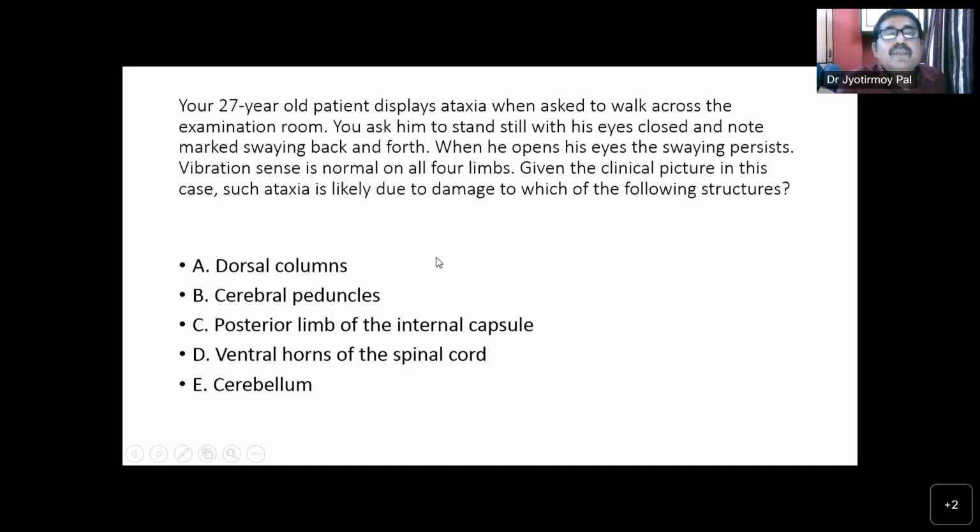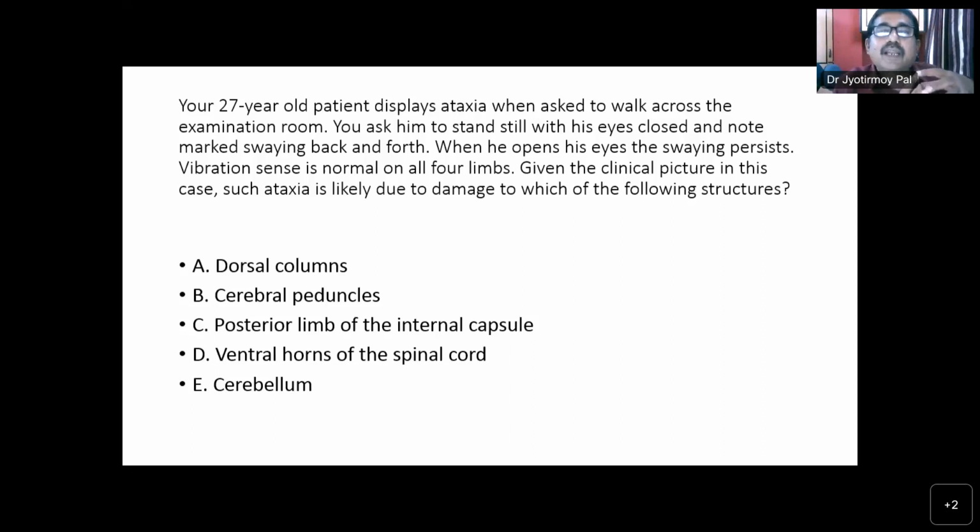In case of sensory ataxia, when your eyes are open, the swinging will decrease. But when eyes are closed, swinging will increase. But in cerebellar disorder, whether your eyes are open or closed, both ways there will be swinging, because the cerebellum receives input from one the eye, one the posterior column.